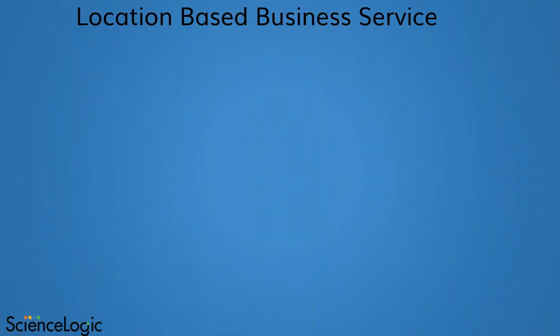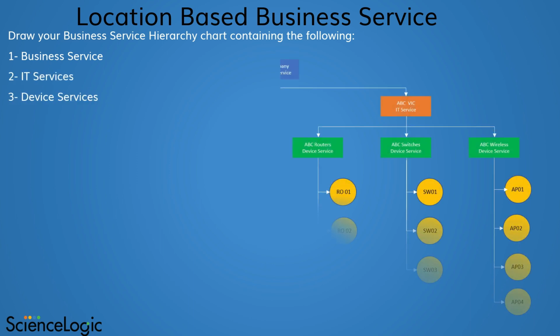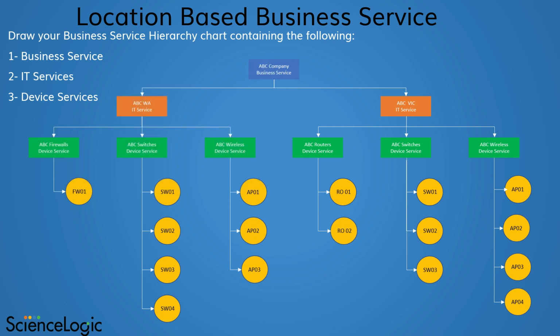Before we start to create the business service, we need to draw a hierarchy chart that contains the business service, IT service, and device service. Ultimately, we would have a chart showing us the location of our business services and all the technologies.